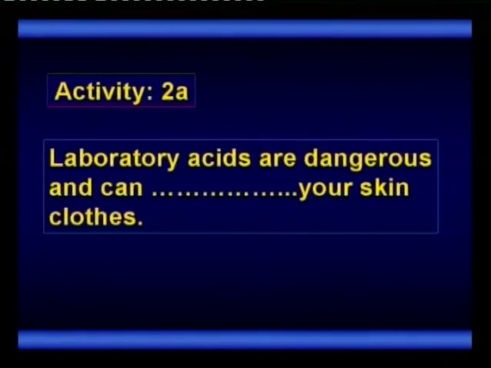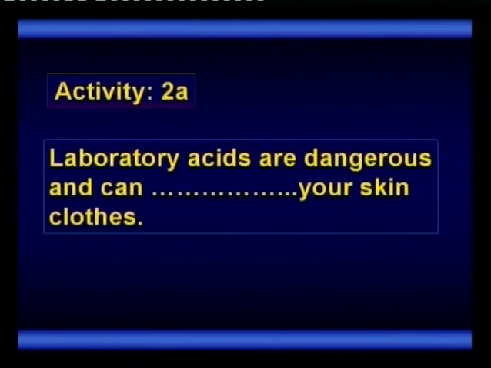The question, activity. Somebody can write the sentence.